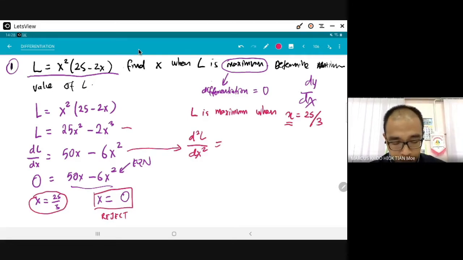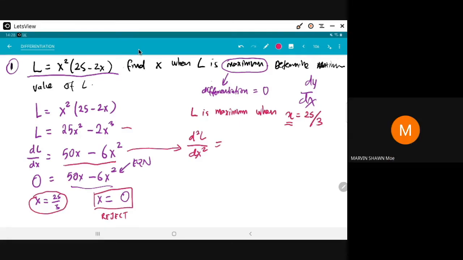If dL dx is this, what is d2L dx2? Differentiate this for me, please. 50 minus 12x.